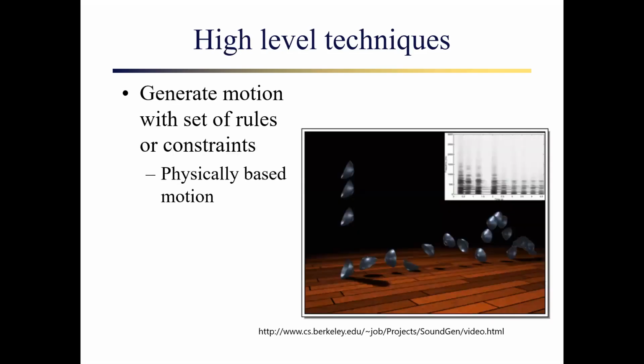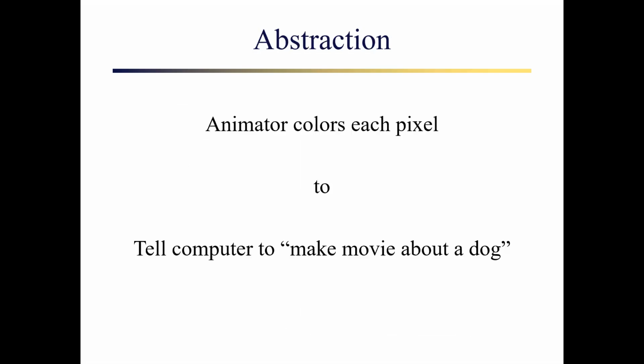And for the high-level techniques, generate the motion with a set of rules or constraints, physically based motion. As you can see on the right side of the picture, you can view the 3D motions of the character.